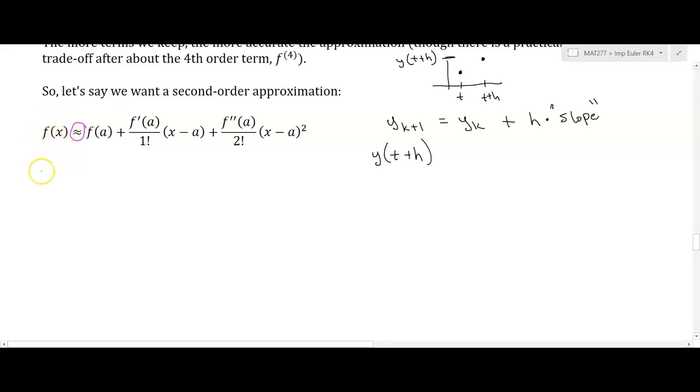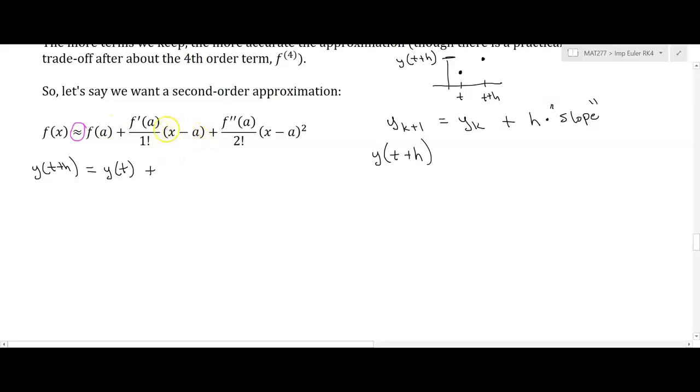That's what I want to estimate on this side. So I'm going to say, all right, well, this is analogous to saying I want to expand y of t plus h. Now this point right here is central to the function, and so I'm going to write, almost without too much justification here, that this term is going to be like our y of t. F of x is the actual function. F of a is the function evaluated at the current point. I'm going to write this without a little bit of justification here because it does require some limit thinking.